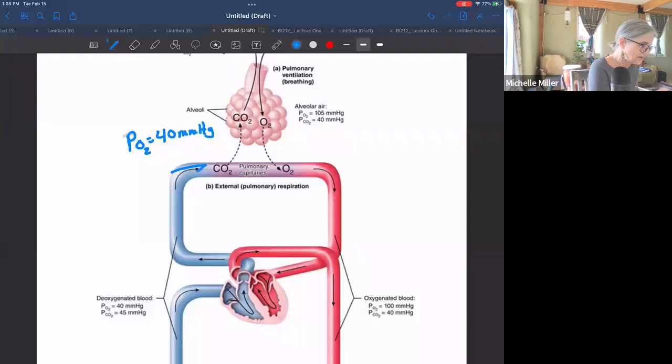So that's blood coming into my lungs. My partial pressure in the air in my alveoli is 105 millimeters of mercury. So this is the alveoli, and this is in the blood entering the alveoli.